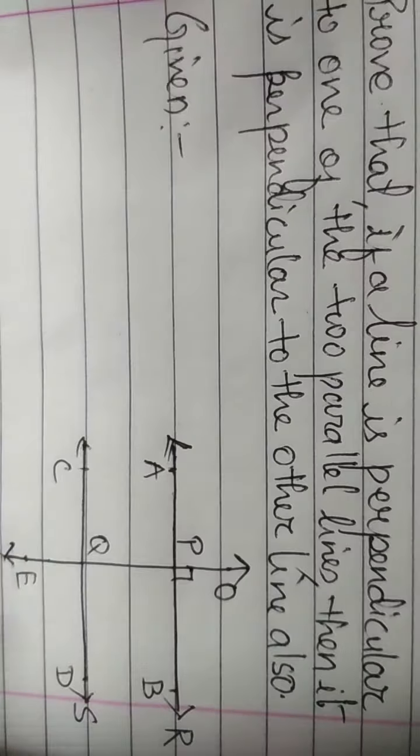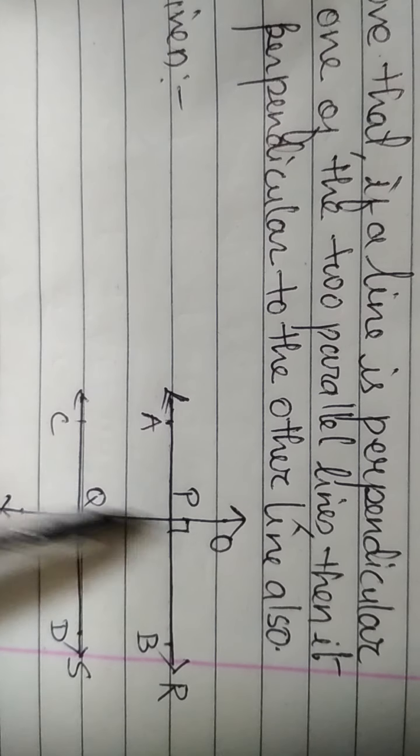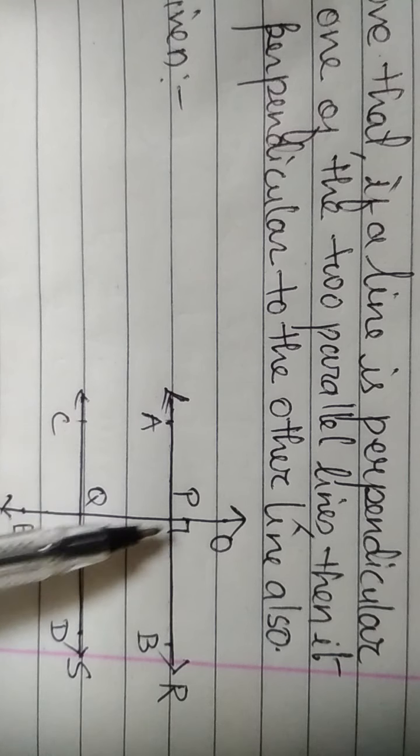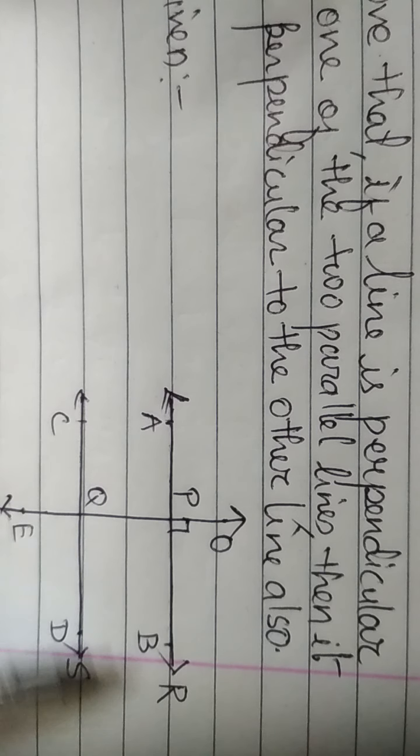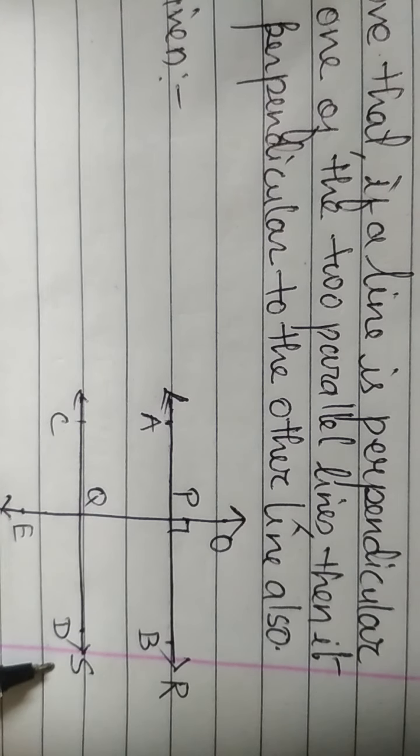AB and CD are two parallel lines, and this line is perpendicular to both, meeting at R and S. In the given, what will we write? Line AB is parallel to line CD.